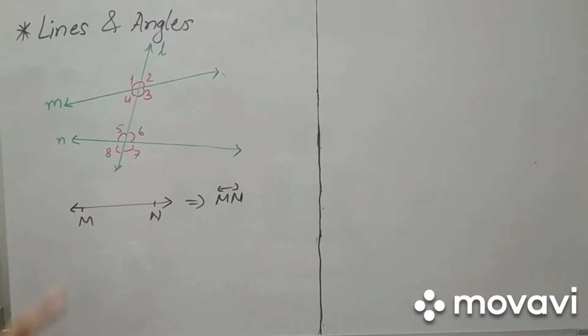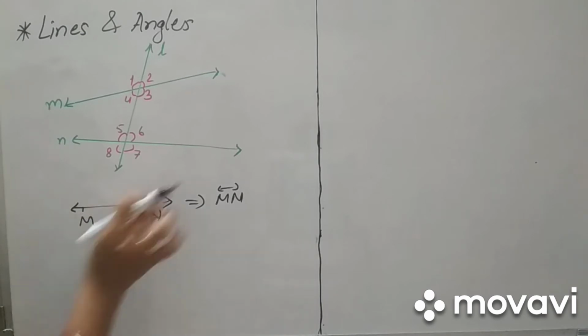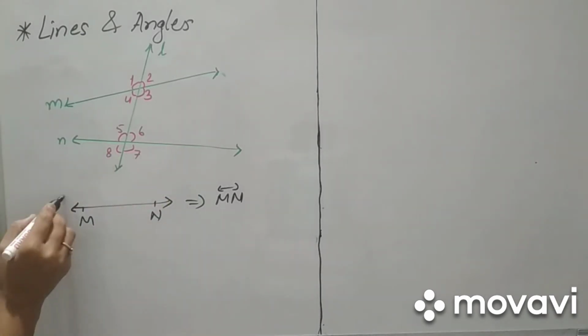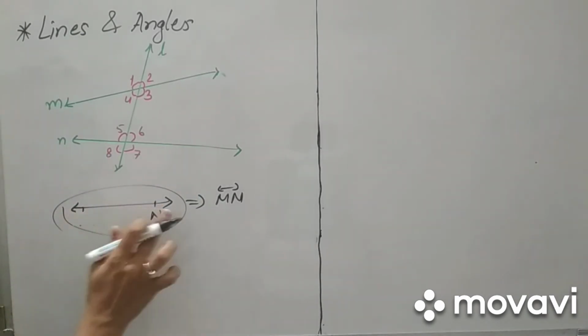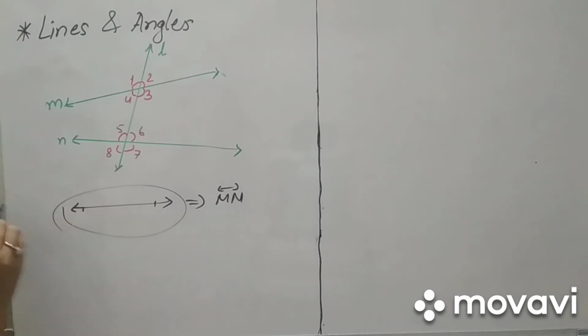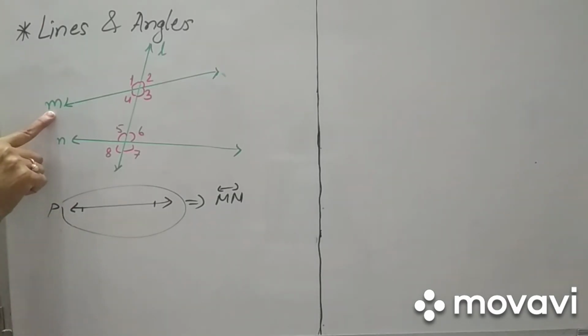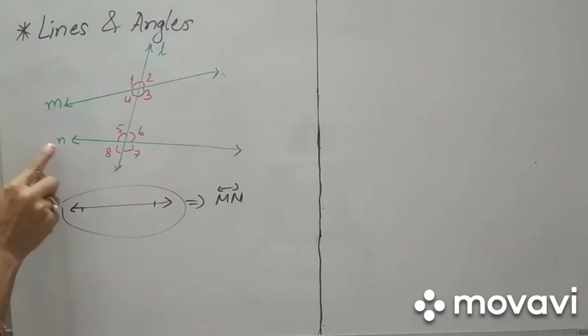But if we don't want to represent any point on a line and want the line to be represented without any points, then it is denoted by a small alphabet. You can write it p, a line, b line, anything like that, but in a small alphabet, as I wrote it. So m, n and l are three lines given.